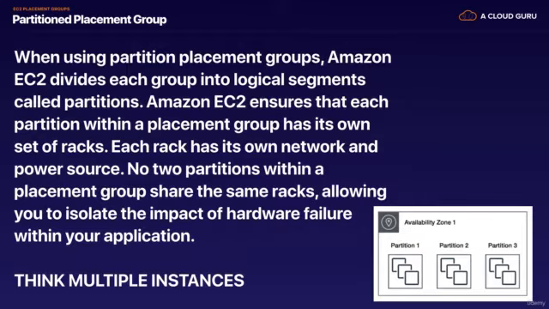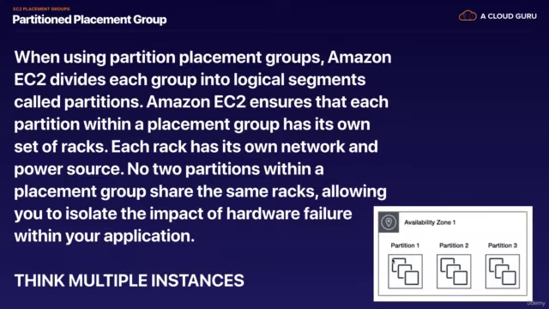If you read the documentation, it does take a little while to get your head around the difference between a spread placement group and a partition placement group. Basically the difference is you can have multiple instances in a partitioned placement group. So you can have multiple instances on this rack, and multiple instances on this rack, and this rack is completely separate to this rack.